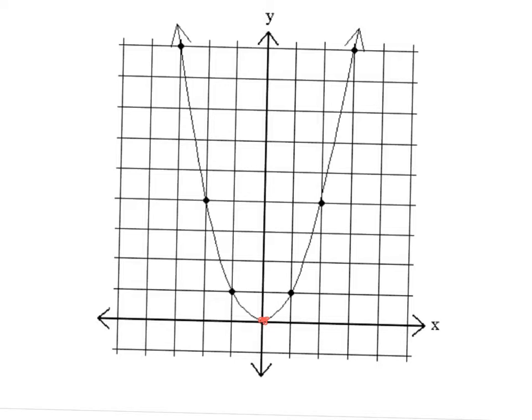From the vertex to the next point, it's a rise of 1 over 1, and then from that point we rise up 3 over 1 on both sides, and then we rise up 5 over 1. So this one's up 5, this one's up 3, this one's up 1, because we have to know what the pattern is before we can actually look at what the equation is.